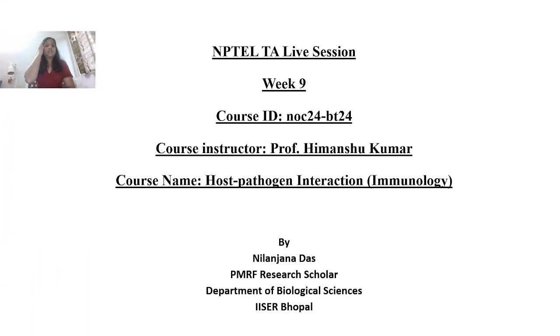It is week 9, and mostly last class I taught about the rearrangement of both B cell receptors as well as T cell receptors, how they join together to form the complete receptor, and how diversity is created to recognize different kinds of pathogens.